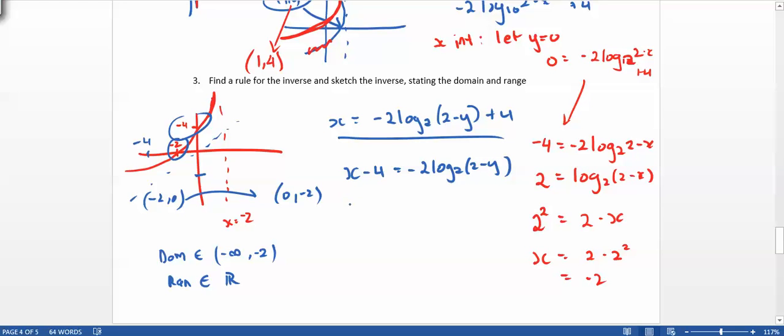Okay, and divide both sides by minus 2, is equal to log to the base 2. Do the inverse to both sides.